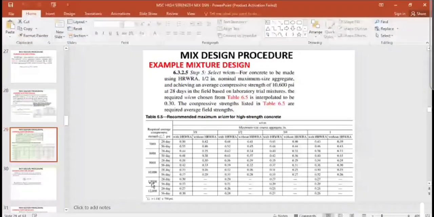And for our half-inch aggregate size, this is 0.32 and this is 0.29. So if we interpolate in between them, our water to cement ratio comes out to be 0.3. If it is not exactly given to you, you need to interpolate. Are we clear?